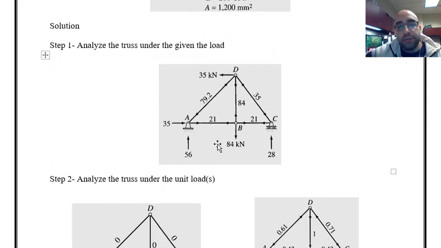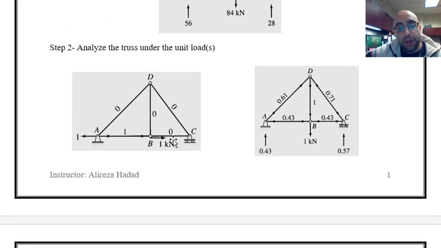Now I have to remove the actual loading and apply the unit virtual loads. One of them is this situation, a unit horizontal load at point B, because the question was asking about a horizontal deflection at point B. And the other one is this unit load in the vertical direction at joint B, because the question was also asking about the vertical deflection at joint B. Considering these two, I have to analyze the truss under these loadings, and as you can see, the results are shown.